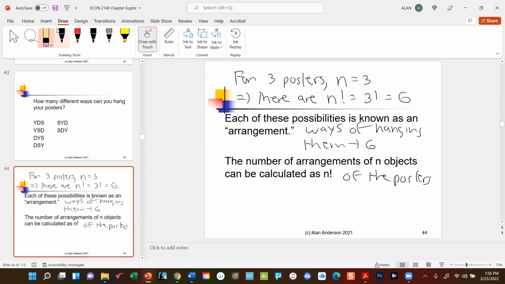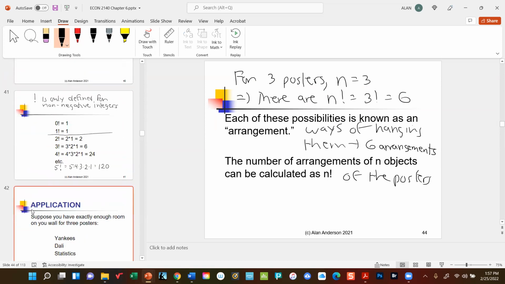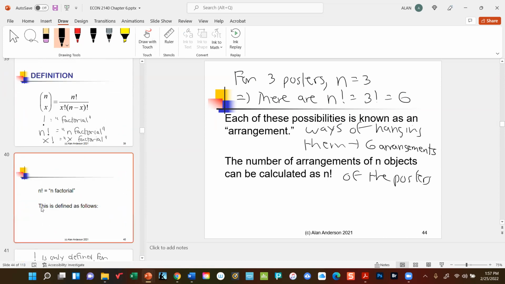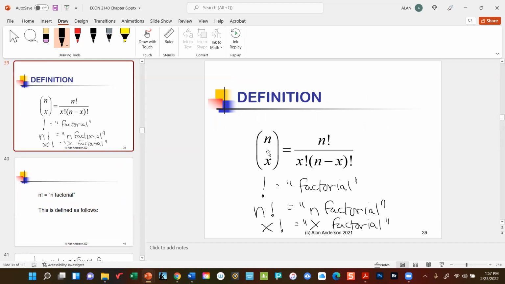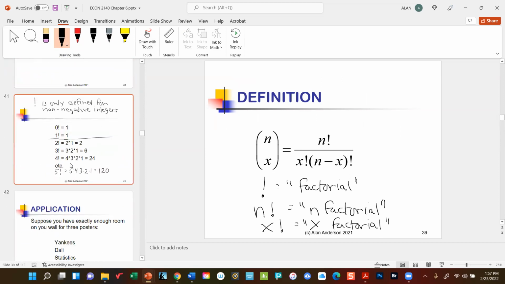Each way of doing that is called an arrangement. Okay, so that's what that means. But when you combine all of these into a single expression, it takes on yet another significance.